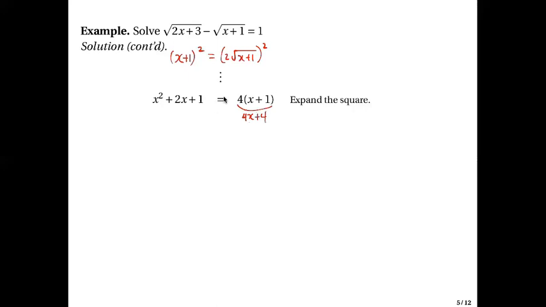So if we move this to the other side of the equation, you will get x squared plus 2x minus 4x plus 1 minus 4, this is equal to 0. And in here, you have 2x minus 4x, so you have x squared minus 2x, and then 1 minus 4, that's minus 3, equals 0.